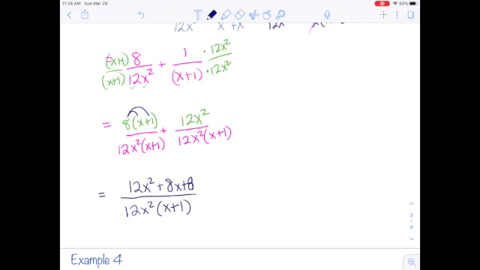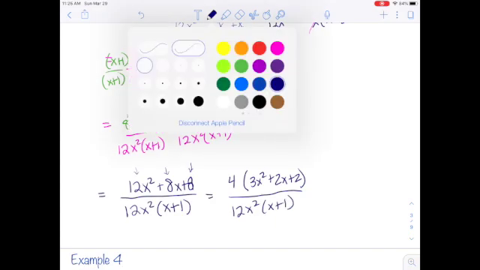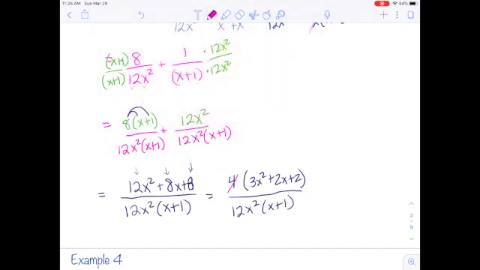And I do see I can factor out a greatest common factor between, in my numerator, the 12, the 8, and the 4. So I'm going to take out a 4 multiplied by 3x squared plus 2x plus 2 divided by 12x squared times x plus 1. And I can actually simplify.